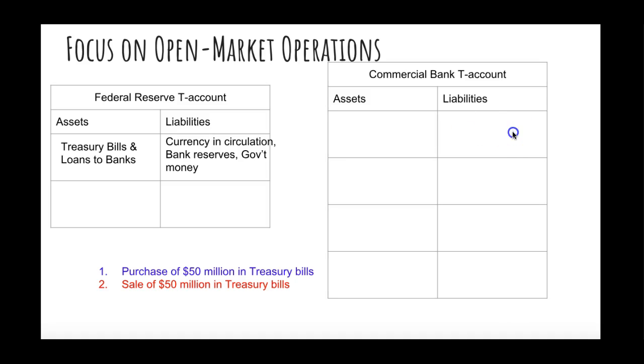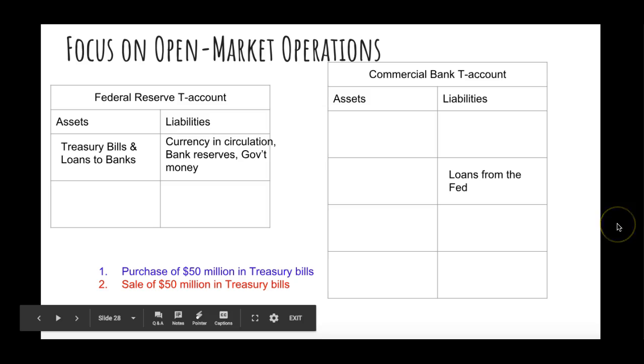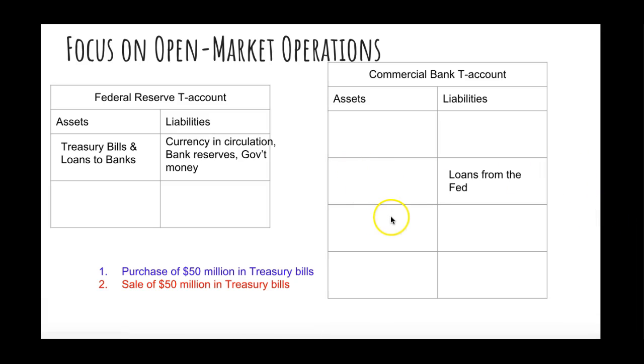But also liabilities are loans from the Fed. So loans from the Fed are also going to be a liability, because that's something that the commercial bank is going to have to pay back to the Fed. So not only is a liability going to be those checkable deposits that we've already talked about, but also they have to pay back any of those loans to the Fed.